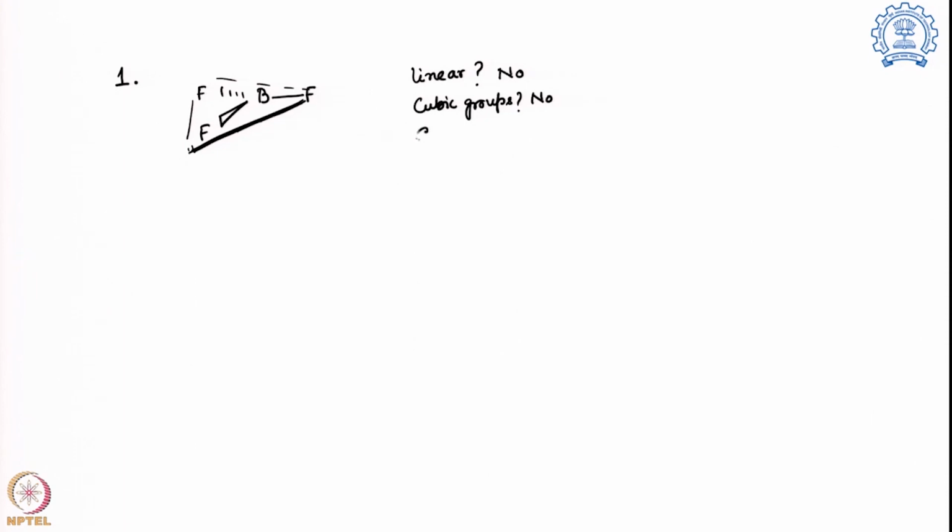Then comes, do you have a principal axis? And the answer is yes, there is a principal axis over here where you can rotate 120 degree and get to this molecule.